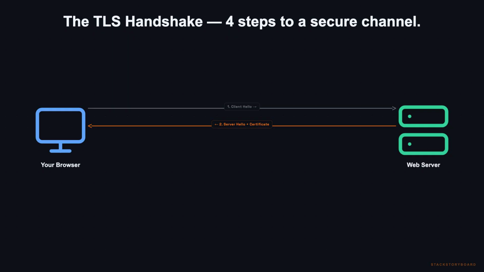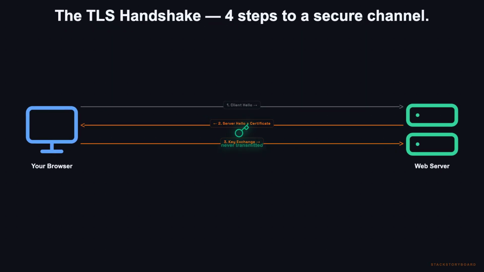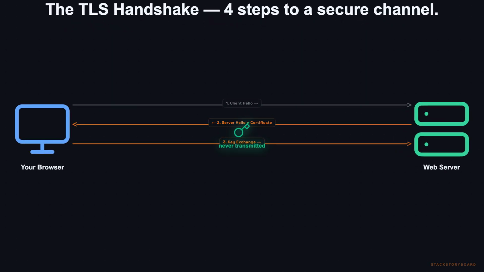The browser verifies that certificate is legit, and here's where it gets clever. Both sides independently calculate the same session key. They never send it across the wire. They just calculate it separately and get the same answer. The channel's open, and the whole thing takes under 100 milliseconds.